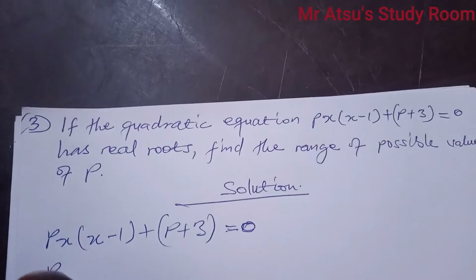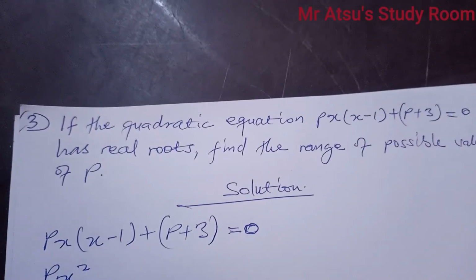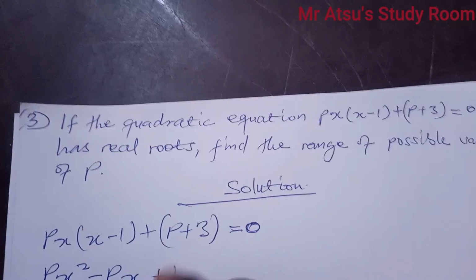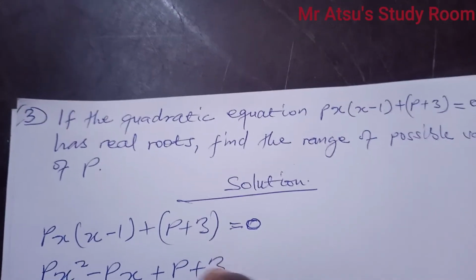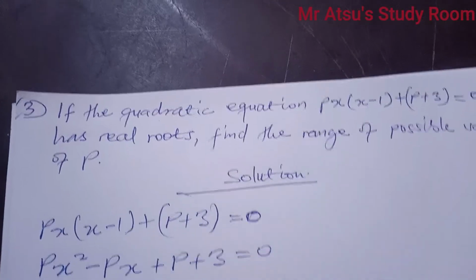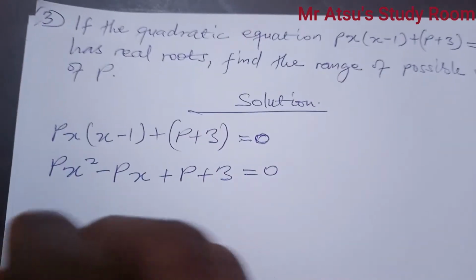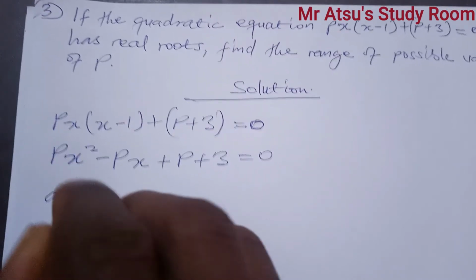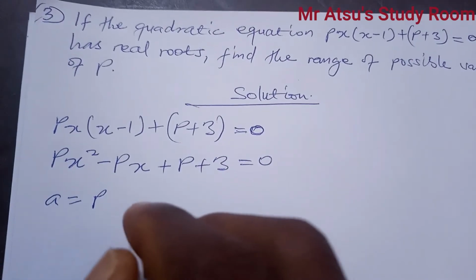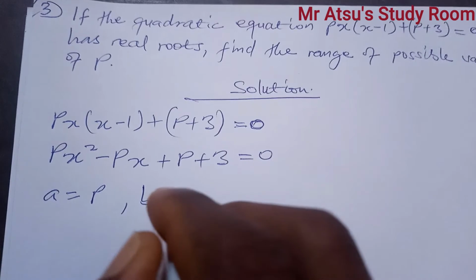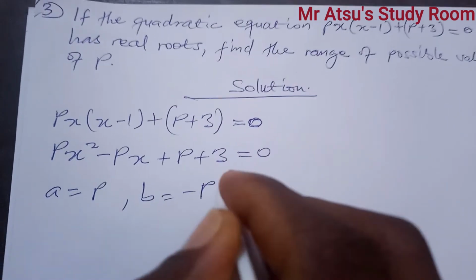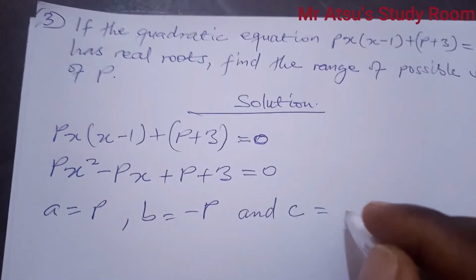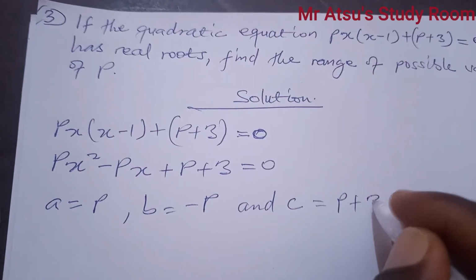Multiplying this will give us px squared minus px plus p plus 3 equals 0. In this case, our A is P, B is negative P, and C is P plus 3.